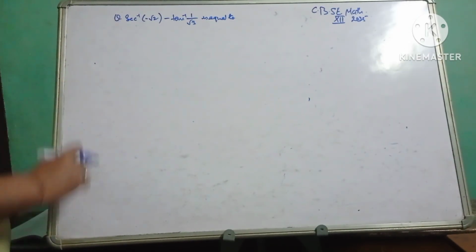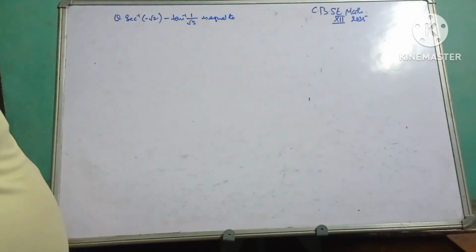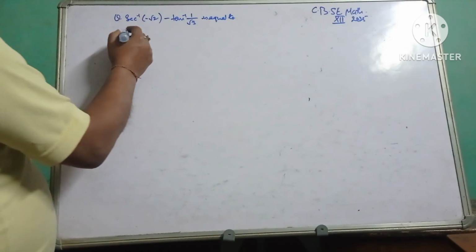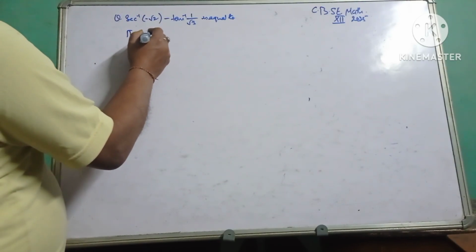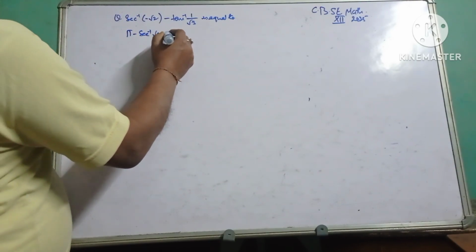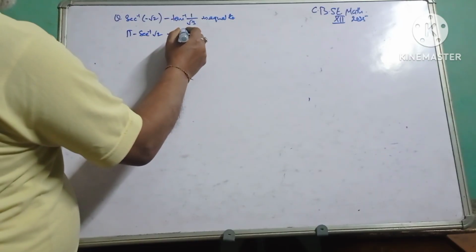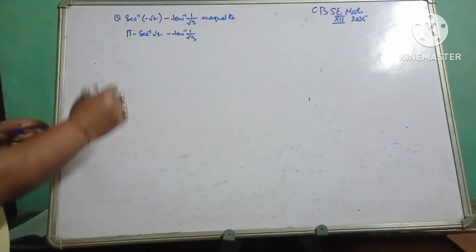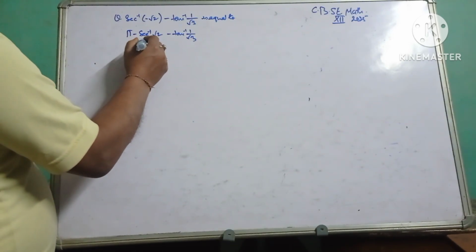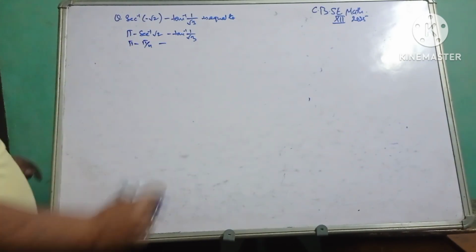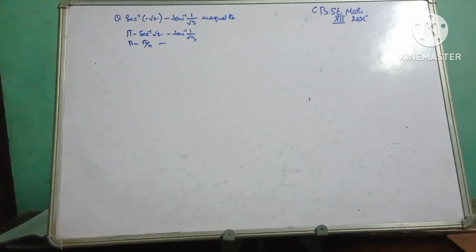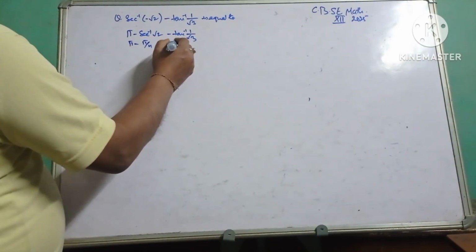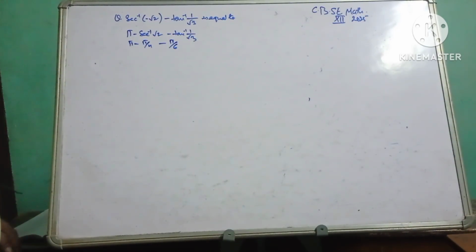Now my next question is sec inverse minus root 2 minus tan inverse 1 by root 3 is equal to, so this will be pi minus sec inverse root 2, and this will be minus tan inverse 1 by root 3. So this will be pi minus pi by 4, and tan 30 degree is your 1 by root 3, that is pi by 6.